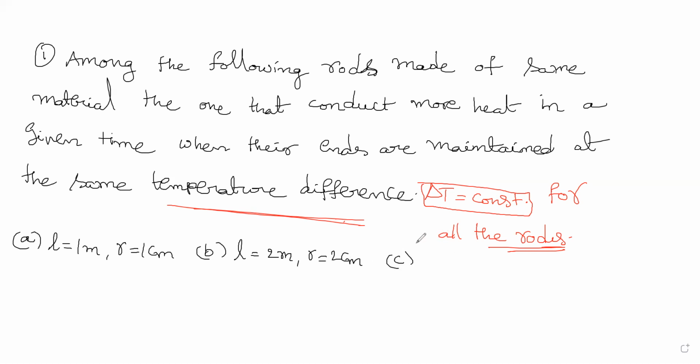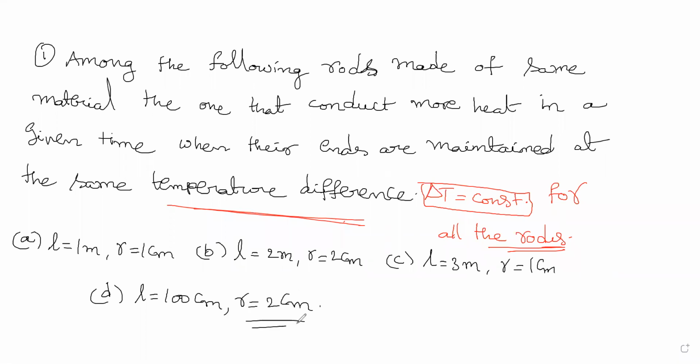Option C is that L is 3 meters, R is 1 centimeter. And option D, L is 100 centimeters and R is 2 centimeters.